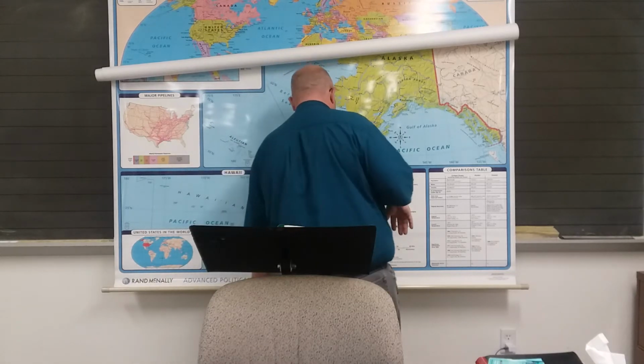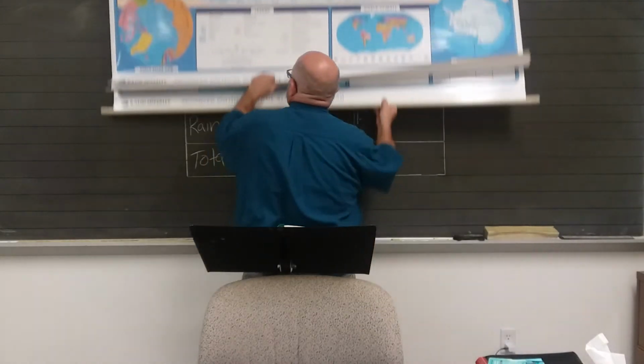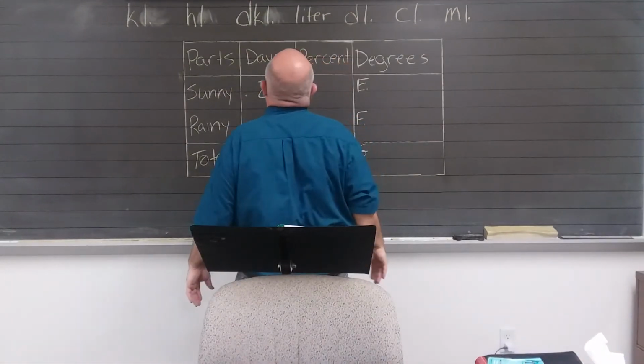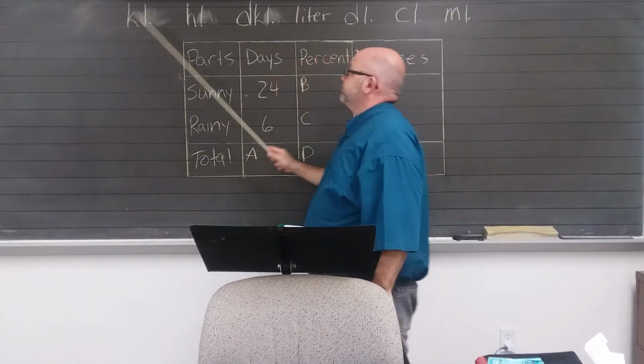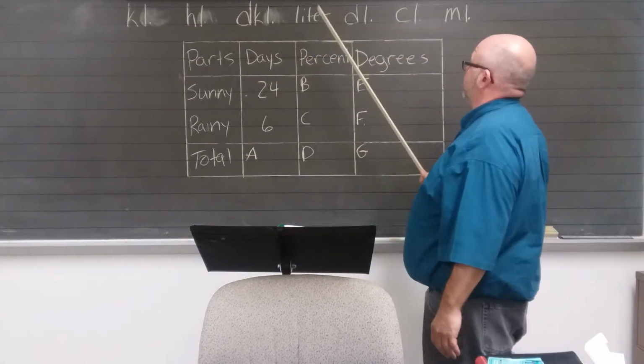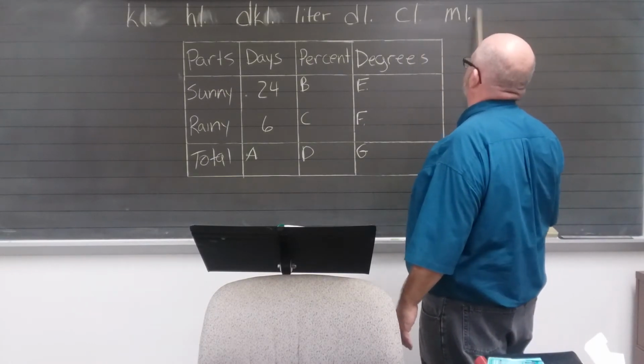And then you have all the prefixes and the abbreviations. So you have liter in the middle, kiloliter, hectoliter, deciliter, liter, deciliter, centiliter, and milliliter.